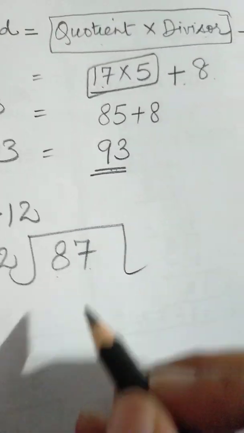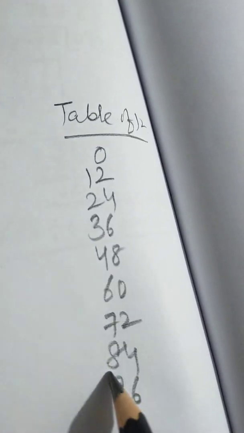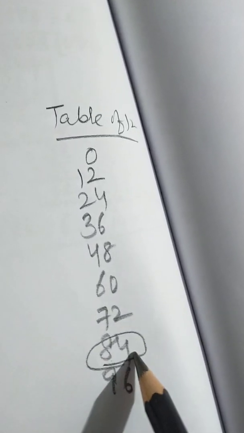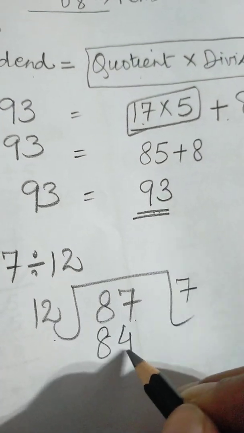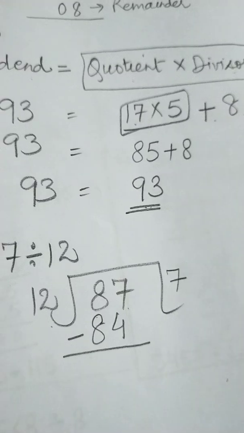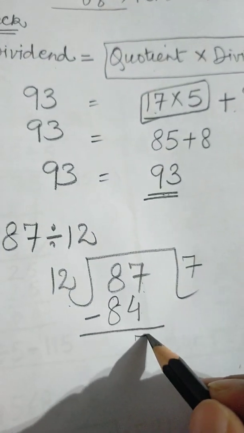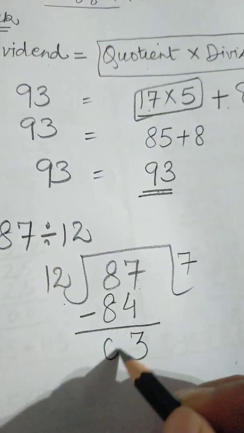And here is 87. What can be written under 87? 84 can be written. It is 12 sevens the 84. Now we will do subtraction. 7 minus 4, 3. 8 minus 8, 0.